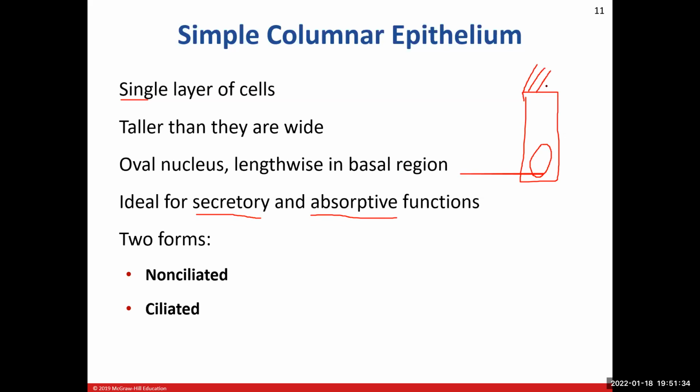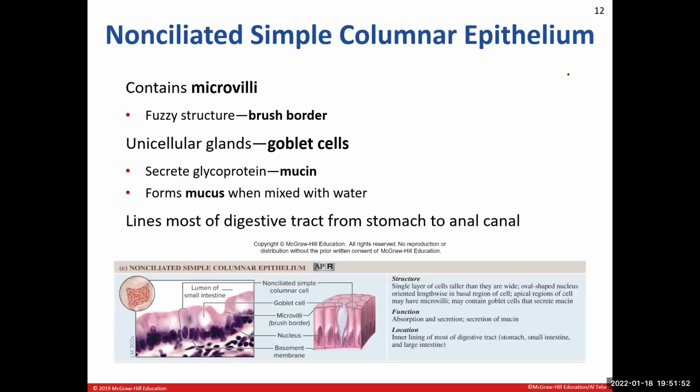And while the cell remains stationary, the cilia move back and forth. So the cilia move, but the cell does not. And when the cilia move, they're going to move things past the cell. And we'll explain why it does that.